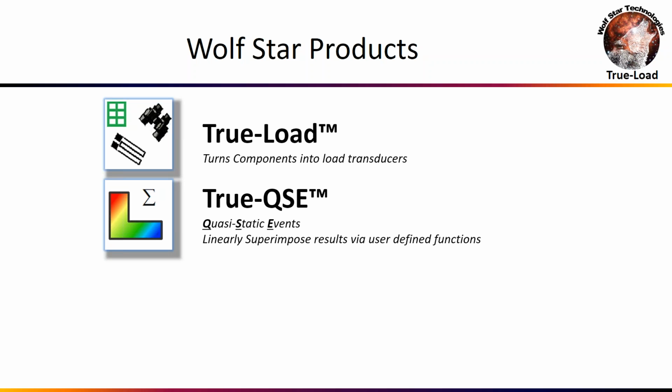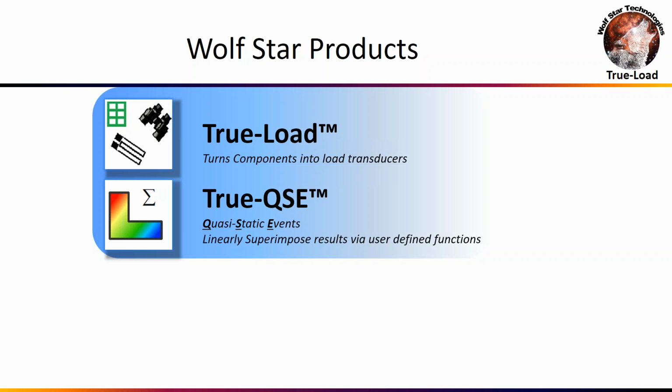When we run TrueLoad and go through the test cycle, TrueLoad is going to generate time histories of loading functions that are correlated back to individual unit load cases. So TrueQSE ends up being a post-processor for the loads that you measured with TrueLoad. We bundled TrueQSE with TrueLoad so that if you buy TrueLoad and generate the loading functions, you're going to have TrueQSE so you can quickly post-process and iterate on your designs.